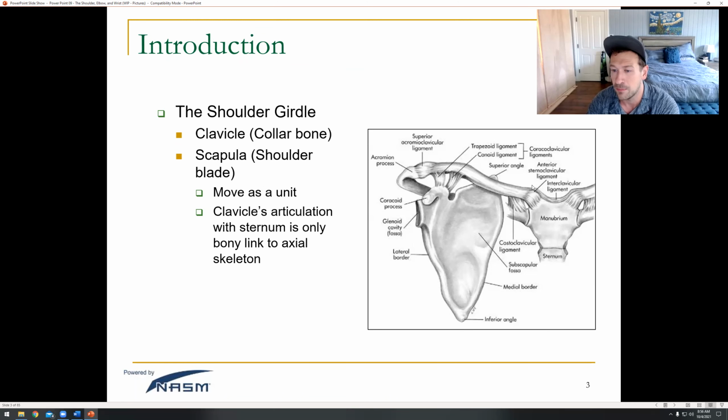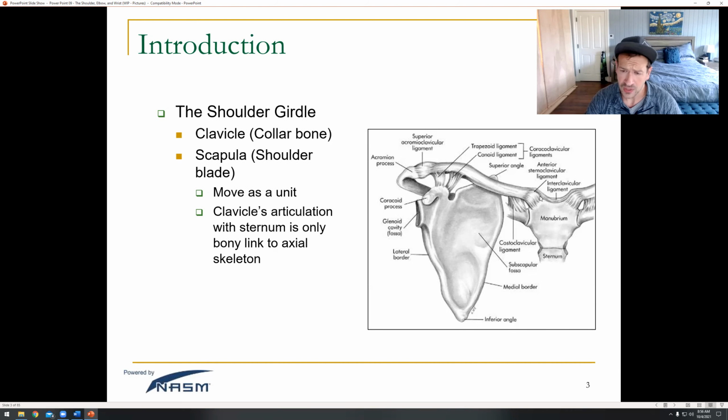This is the only bone-on-bone contact that you have that holds your entire freaking arm on, which is kind of crazy, right? You think about how much muscle and stuff is here, and we exert lots of force doing pull-ups and shoulder presses and all this crazy stuff. But the only bone-on-bone connection you've got is your sternum coming across and grabbing with this little tiny joint right here.